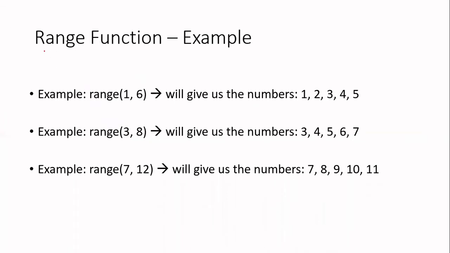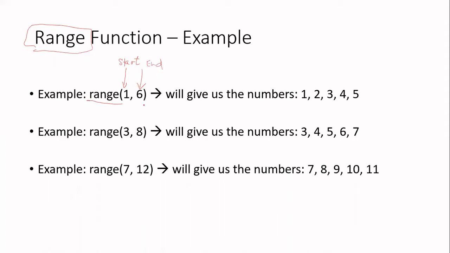Now let's look at a different version of the range function. When we use the range function now, we specify 2 parameters. The first parameter is where we want to start. The first value we're generating numbers from, and the second value is where we want to end.